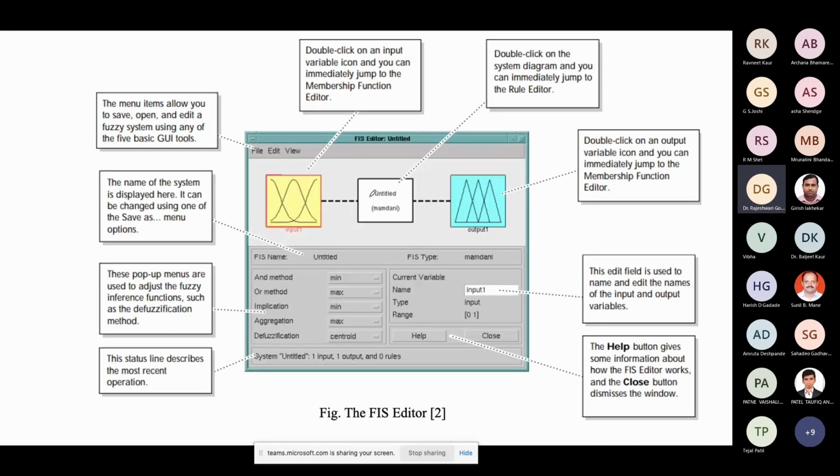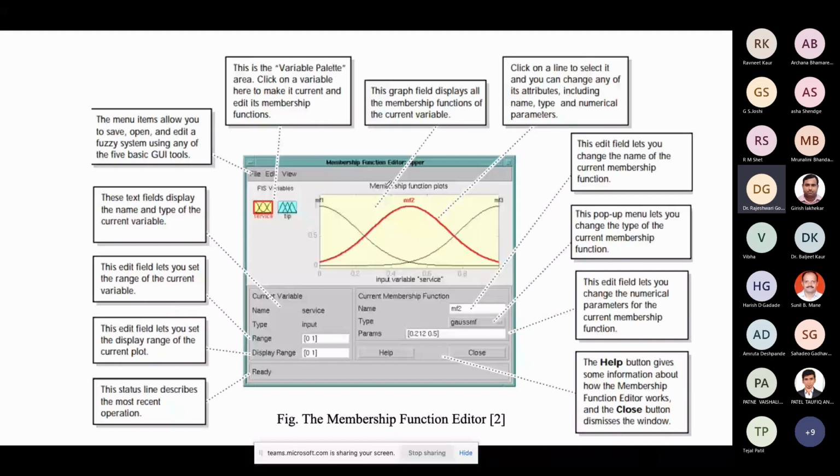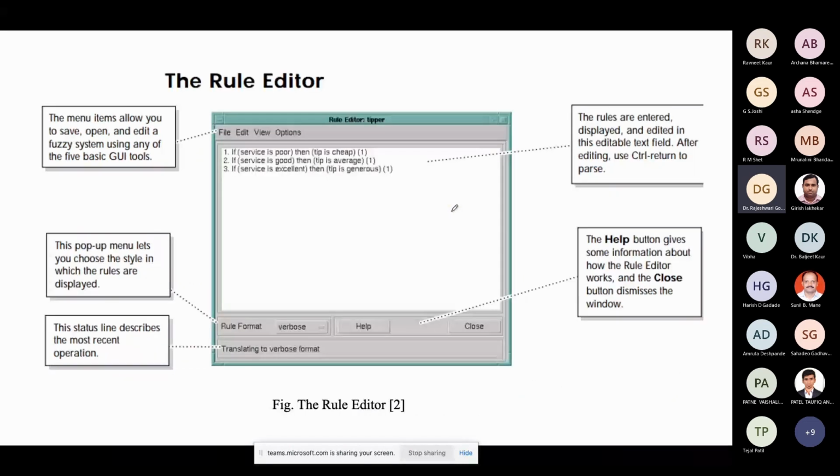This toolbox has all the functionality, like Mamdani, Takagi-Sugeno, etc. However, you can make your own whole code and work on it. This is your membership function; here we are using a Gaussian kind of membership function. And this is the rule editor, where whatever rules we have seen are fed here.